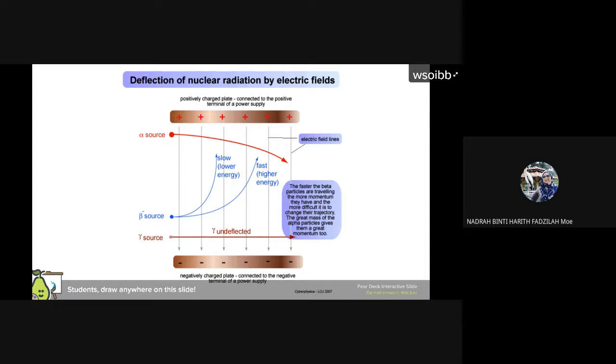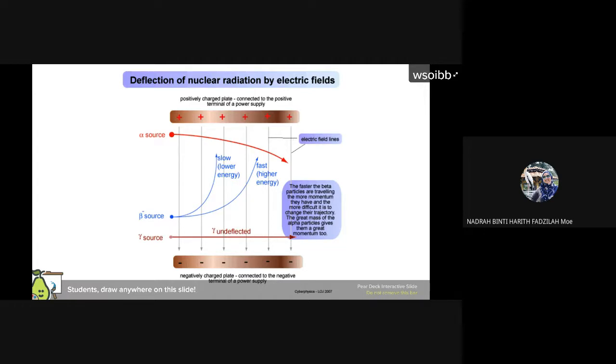Since the beta source is electrons, negatively charged, the movement towards the positively charged plate occurs earlier compared to alpha radiation, because the beta source is lighter than alpha radiation, so it moves towards the positively charged plate faster.